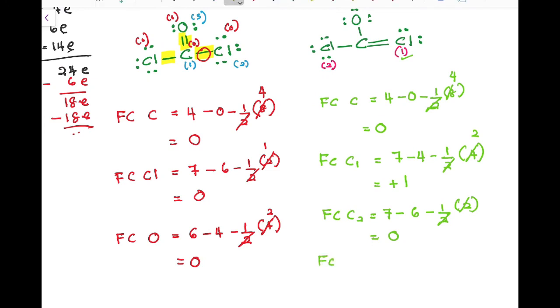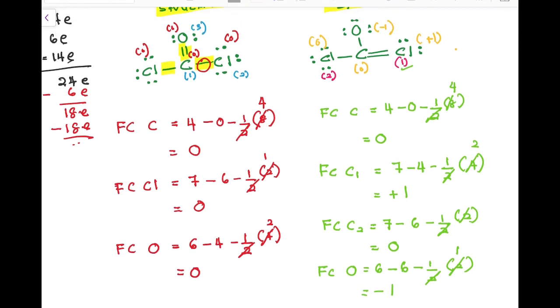Formal charge oxygen, 6 minus how many lone pair around oxygen? 6 minus half times 2. 6 minus 6 becomes 0, become negative 1. So that you can put the value. This is 0, this is 0 also, this is positive 1, and this is negative 1.